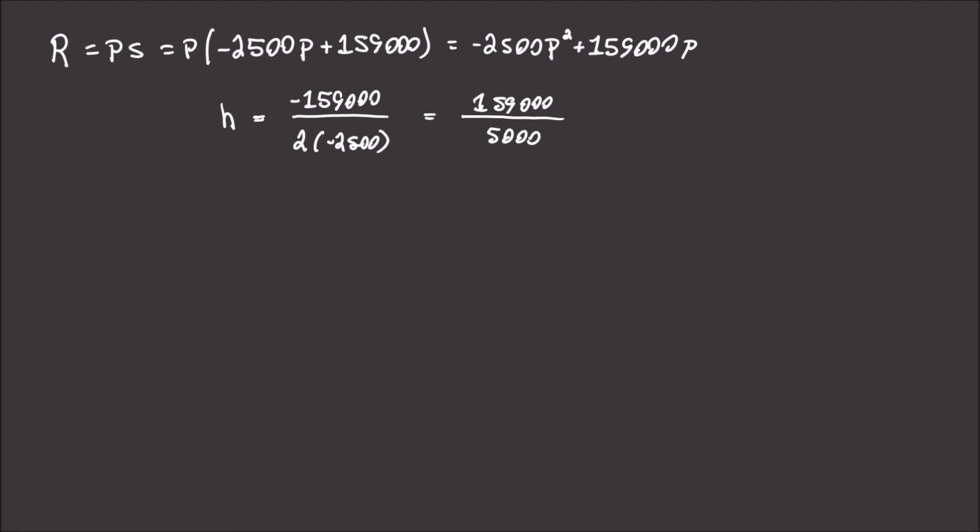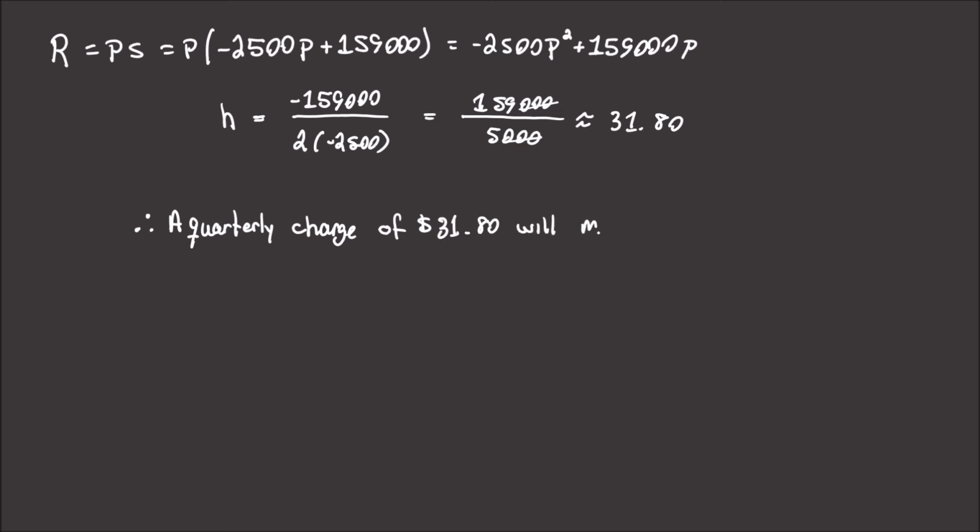Remember, when dividing by factors of 10, we can get rid of zeros, so 3 zeros will cancel out the 3 zeros in the denominator. This is 159 over 5, which is approximately 31.80. So a quarterly charge of $31.80 will maximize the revenue.